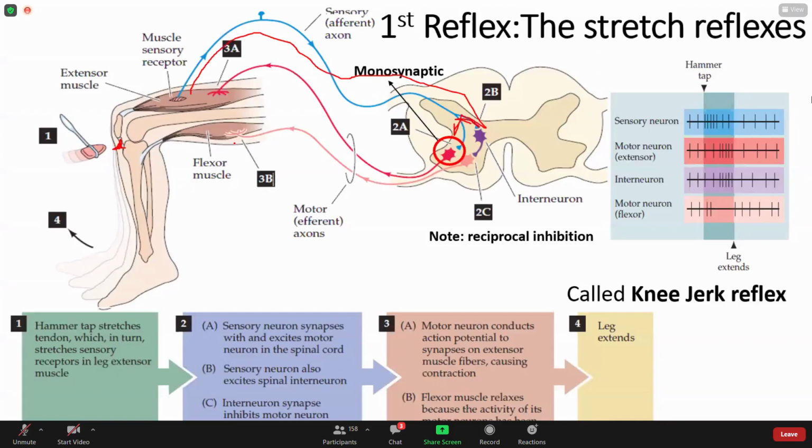By exciting the extensor and inhibiting the flexor, they wouldn't be opposing each other, resulting in the extension of the leg. So basically, this starts with the stimulus that induced a change in the length of the muscle, and the muscle spindles are mainly sensitive to changes in the length of the muscle.